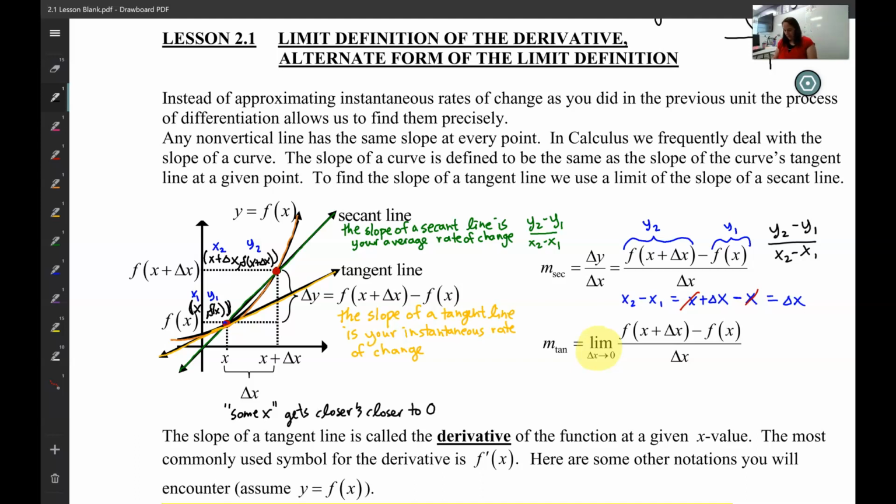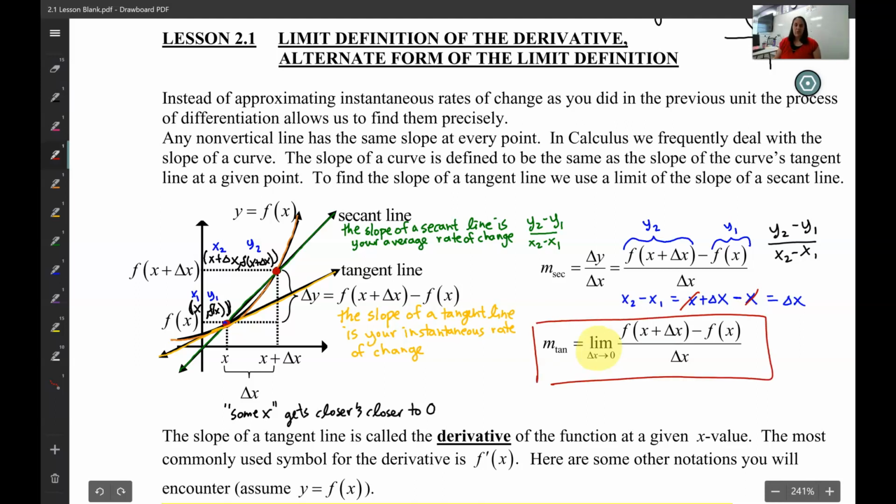So that's what this equation means. That's where it comes from: I'm taking the limit as the change gets to 0 so that the slope is no longer an interval, it's at that point.